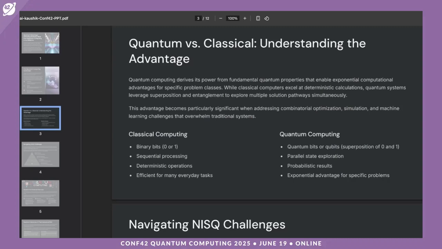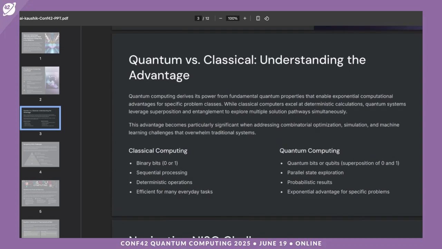So, at the heart of the quantum advantage lie superposition and entanglement. So, again, as you can see, there's a lot of jargon, and frankly speaking, it gets overwhelming when you're trying to learn new stuff. Of course, I can understand. So, let's take a simple example. Imagine spinning a coin. Until it lands, you don't know whether it is heads or tails. Similarly, a qubit can hold both possibilities simultaneously.